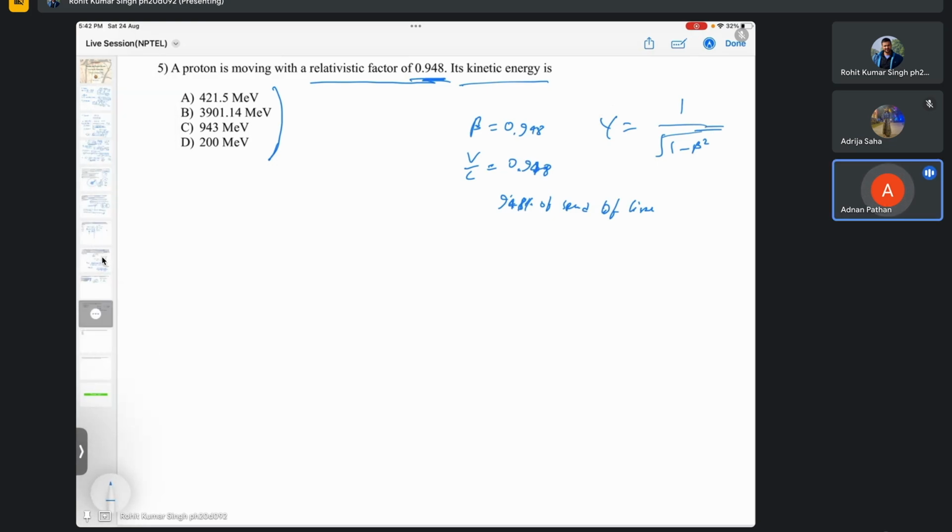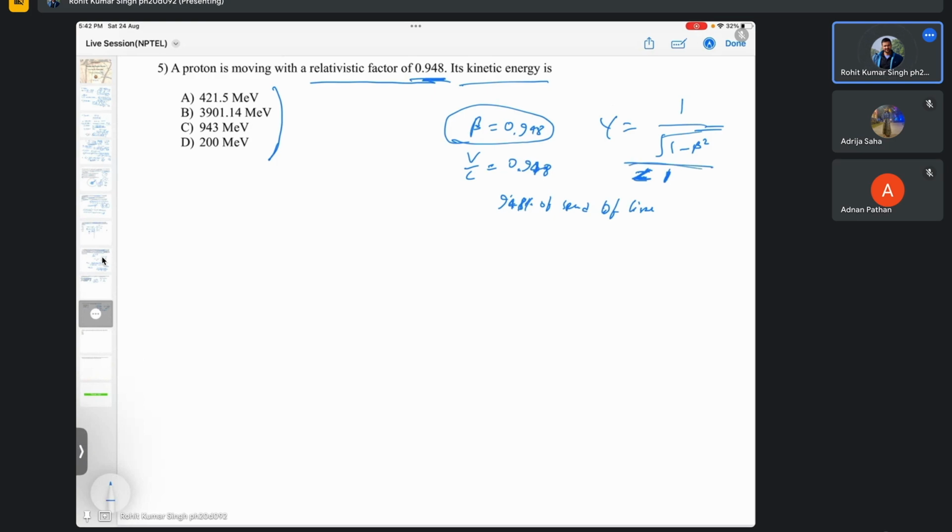So what is this thing called? It has a name that I have also forgotten. It should also be less than one, but the relativistic factor is this, that I know.